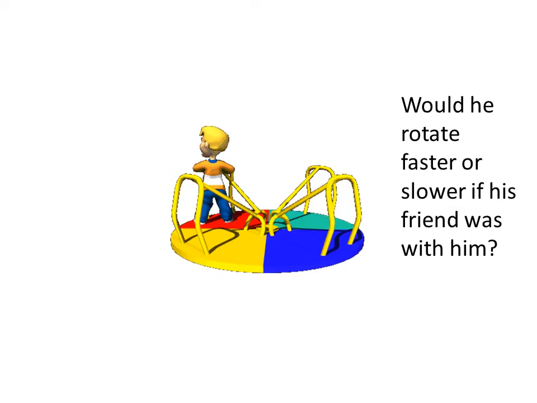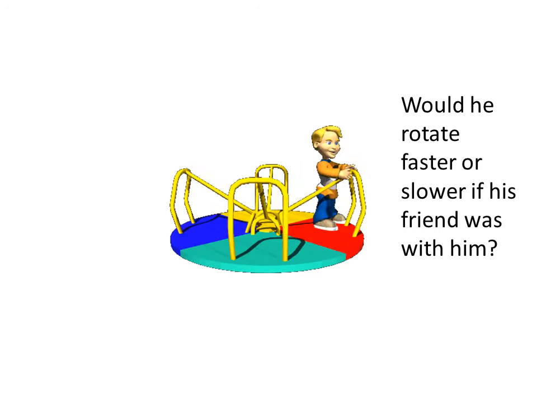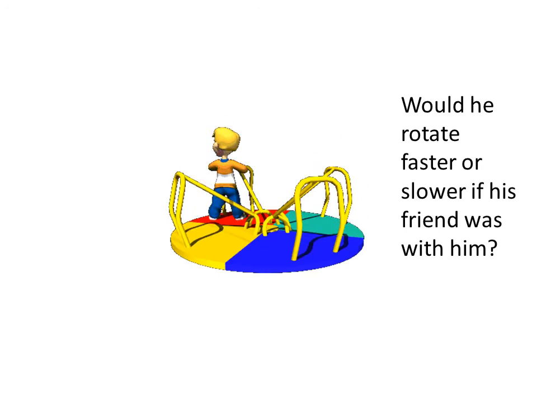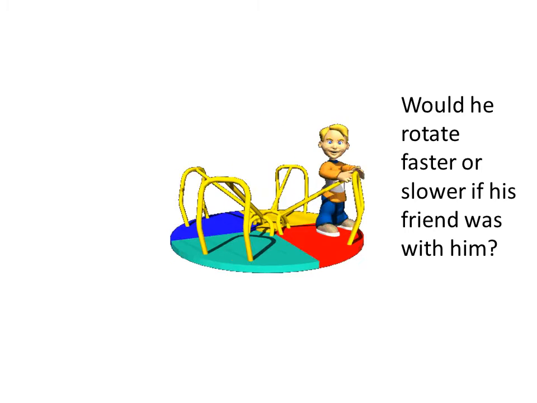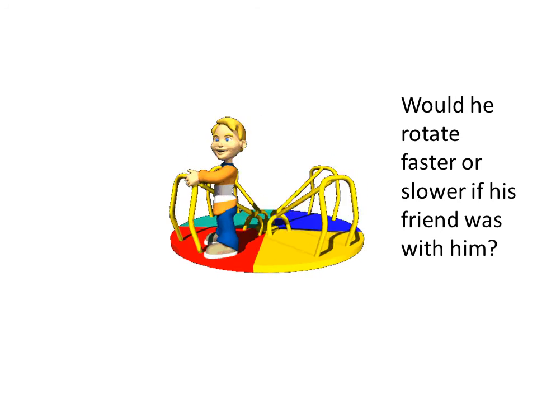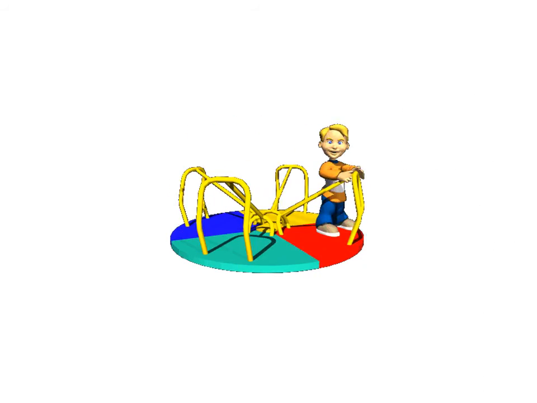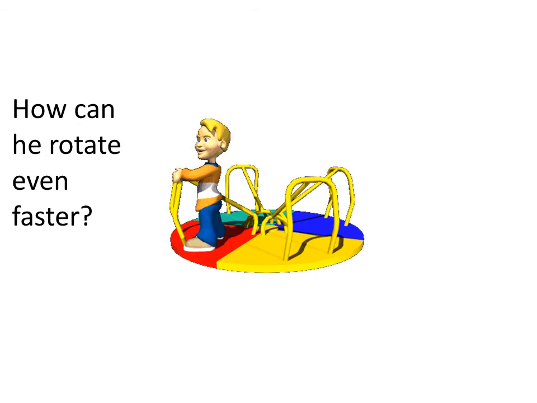Would he rotate faster or slower if his friend was with him on the merry-go-round? Of course, he would rotate slower, and it is applied to Newton's second law of motion. You will see it later. How can he rotate even faster?